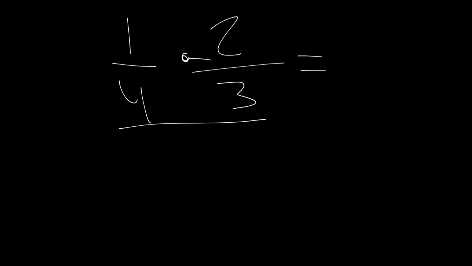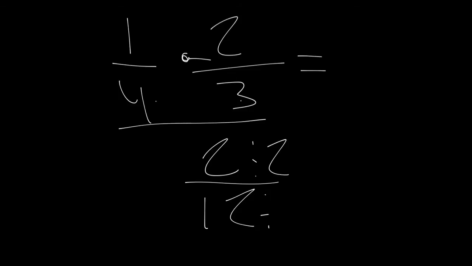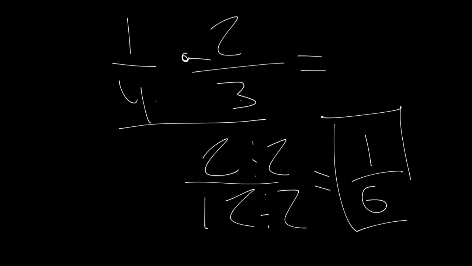So you just times 1 times 2 is 2, and 4 times 3, which is 12. 2/12. Well, we have to simplify. So you'll divide by 2 on both sides. So 1/6 would be your answer.